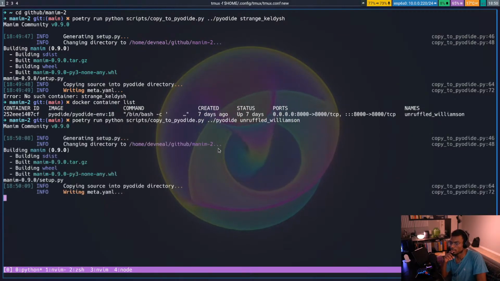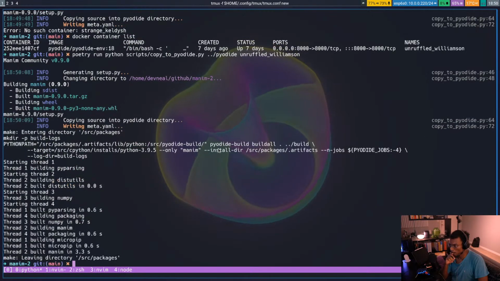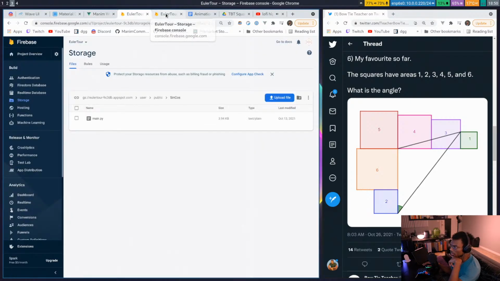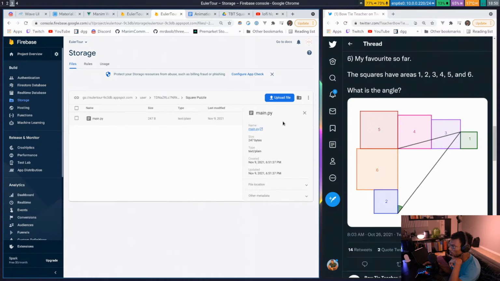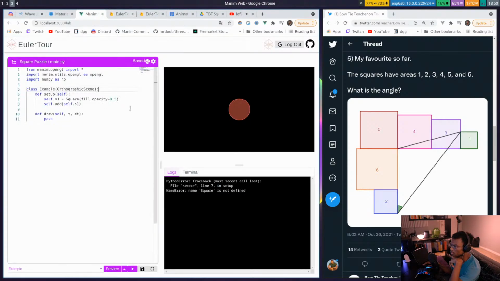Let's try that. Great. And this should already be saved. I'm more cautious about how the saving mechanic works. Okay, well, it seems to be working.